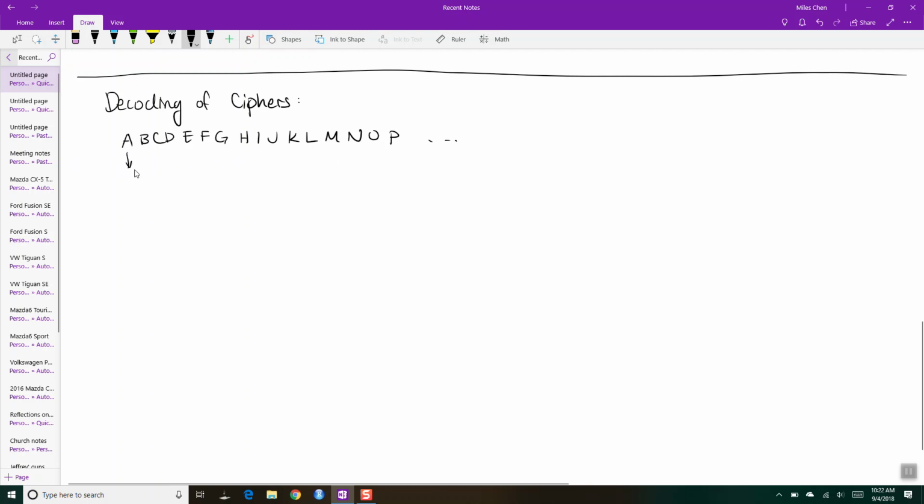It would be like A becomes the letter K, and B becomes the letter G, and C becomes the letter E, and D becomes, I don't know, Z, and so on. Every letter corresponds to another letter in the alphabet.